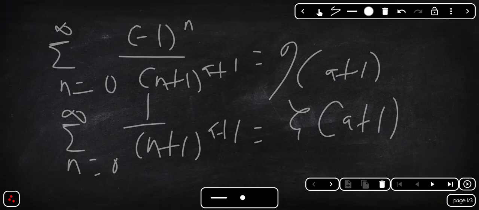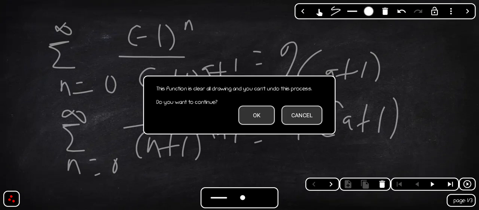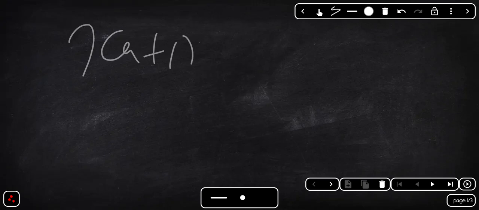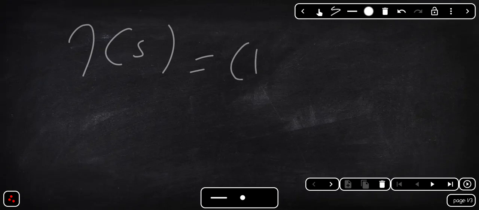Okay, guys, I want to remind us one rule. The eta function of s is the same thing as 1 minus 2 raised by 1 minus s multiplied by the zeta function of s.